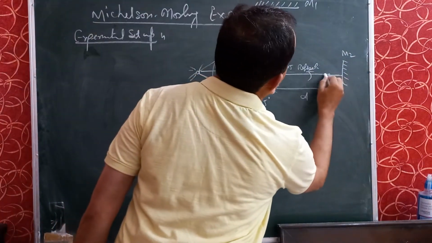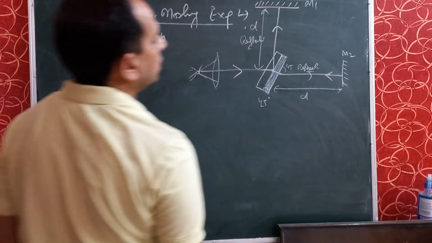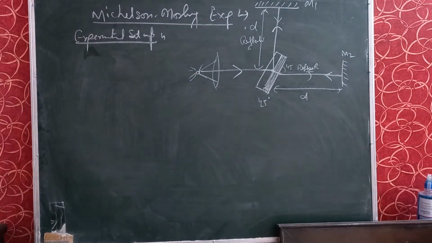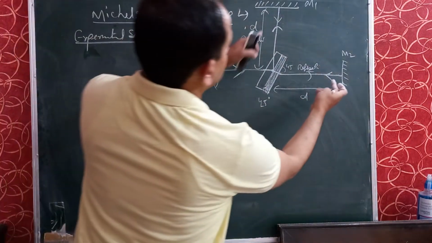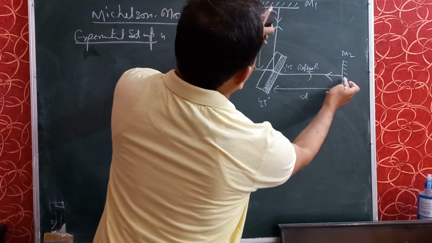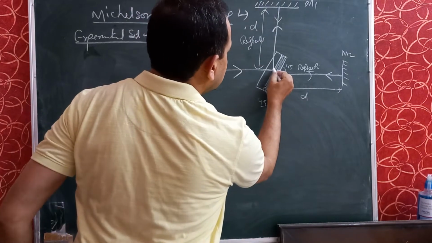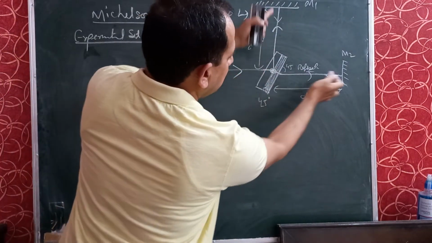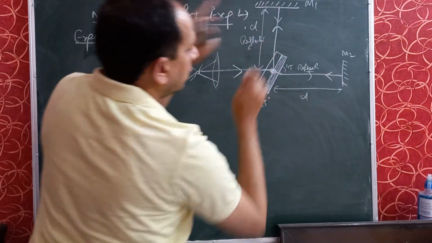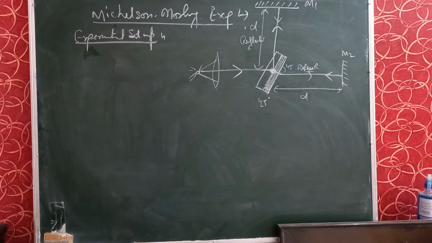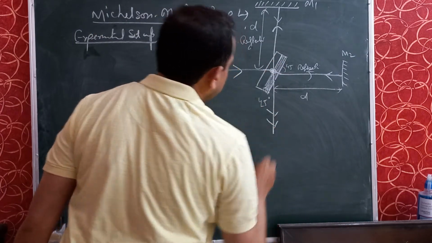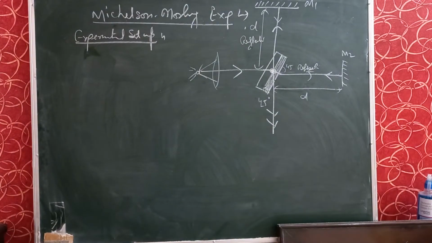Because when the light strikes this mirror, it will retrace its own path in the backward direction. Similarly here. So after striking the two mirrors, the two rays will again meet at the same point. These two rays spread from this point, and they will meet again after reflection from the mirrors M1 and M2, and both rays will move toward this downward side.